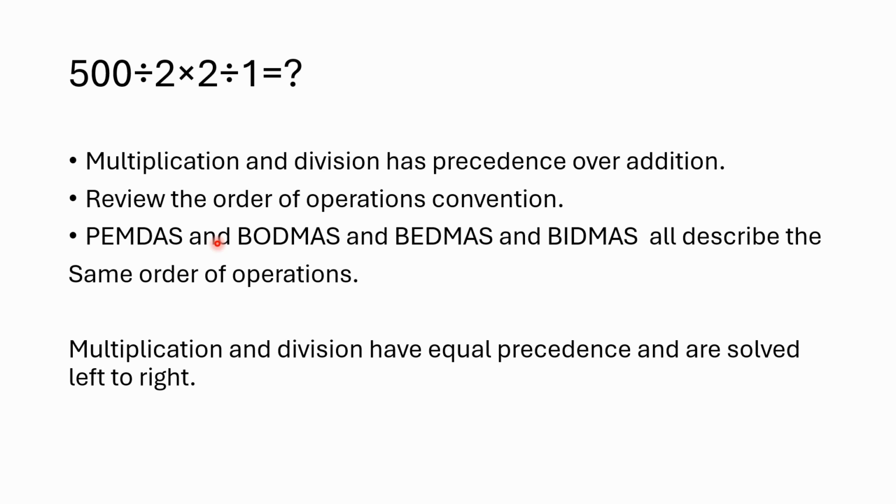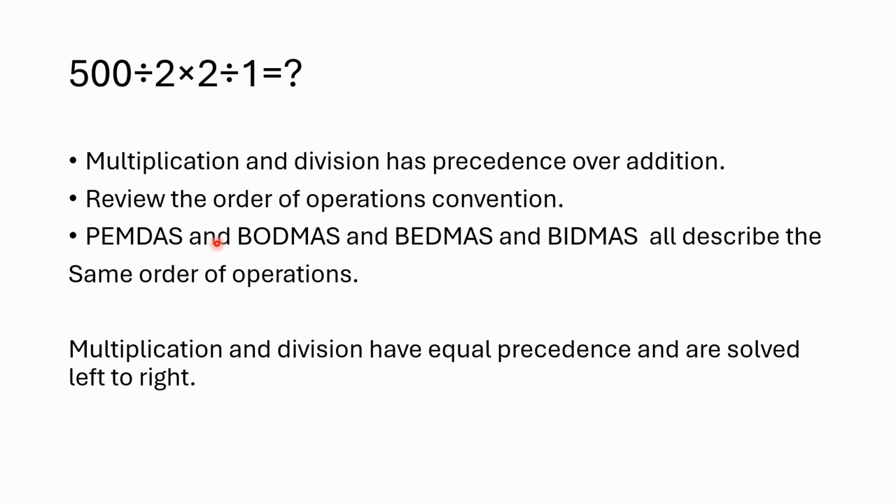And within those order of operations, multiplication and division have equal precedence, and they're just solved left to right as you see them. I will say, back around 1659, there was a book, Deutsche Algebra, and I think it was Johann Rahn who wrote that book. I'll have to look it up.